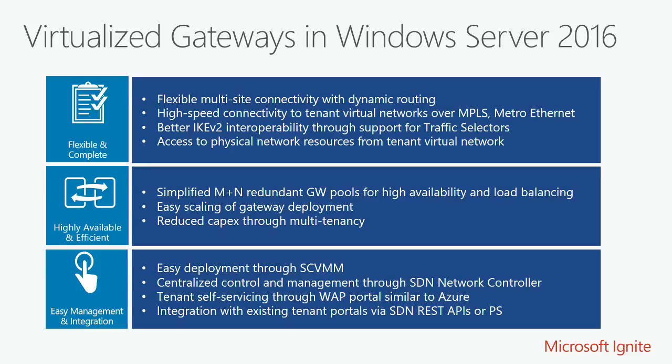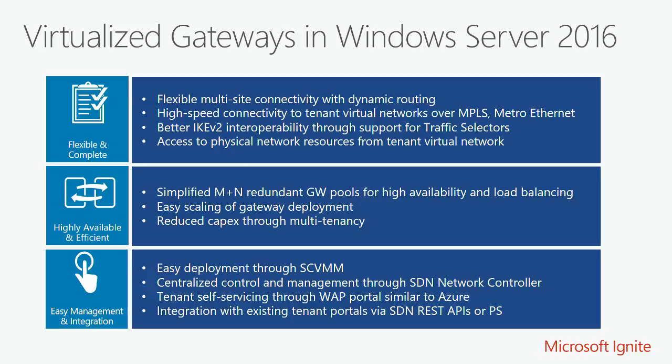Currently, Server 2016 supports some kind of M+N configuration. So you can have a multi-tenant gateway as a hoster, and make that available for all the tenant VNets, and each of the tenants could get their VPN tunnel terminated into that multi-tenant gateway.